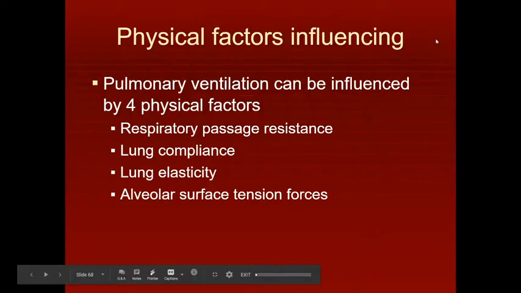So when we talk about ventilation, the ability for air to come in and out of us, there are some physical factors involved. One of them is that the respiratory passage needs to be free and clear. Nothing lodged in there, nothing growing in there, nothing filled with mucus or garbage or whatever else, right?